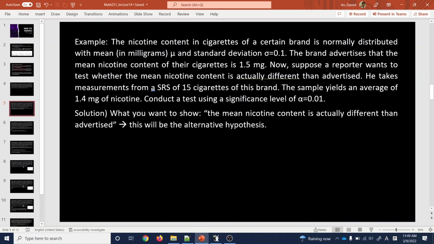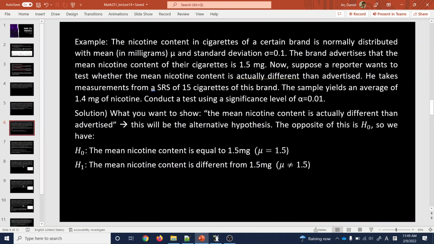It should be two-tail, right? It's two-tail because it's different, right? If you want to prove something is more, or if you want to prove something's less, then you wouldn't use a two-tail test, right? But if it's simply different, you use two-tail. All right. So we take that as the alternative hypothesis, two-tail test.